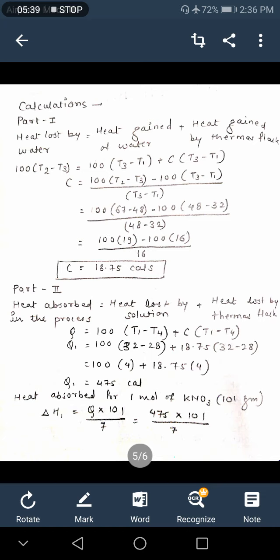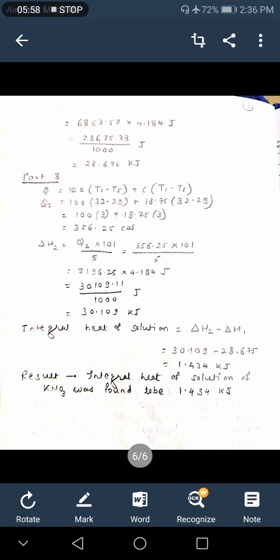After putting the values, we get Q1 equal to 475 calories. Now we use it for 7 grams, so we put Q1, that is 475, in this formula.